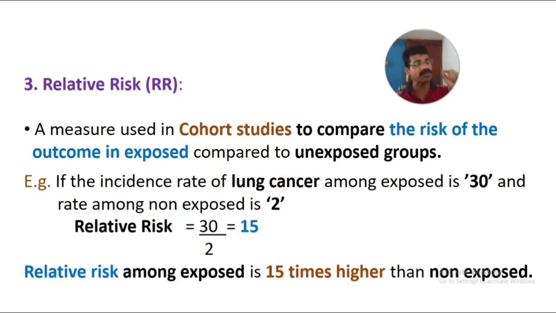So it is a measure used in cohort studies to compare how much risk people exposed to a particular exposure or factor have, compared to unexposed people in the community, for the same disease.